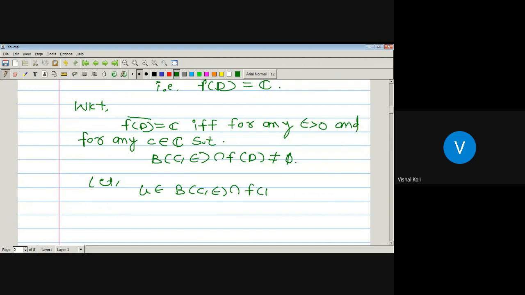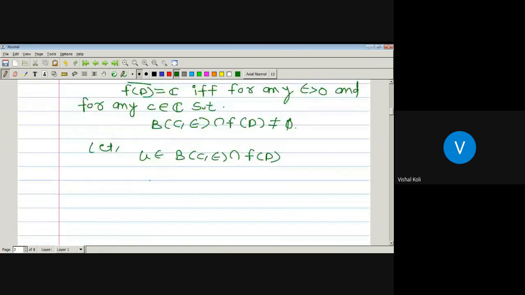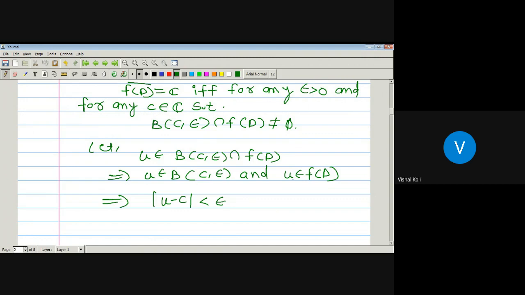As it belongs to the intersection of these two sets, it must belong to both, which implies u belongs to the open ball about c of radius epsilon and u belongs to f of D. Since u belongs to the open ball about c of radius epsilon, it means modulus of u minus c is less than epsilon, just by the definition.